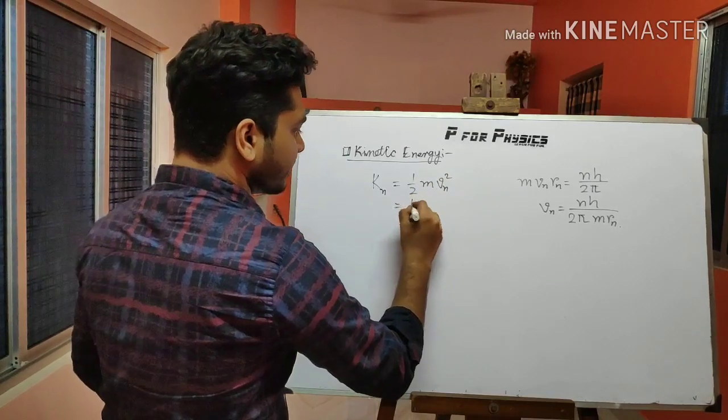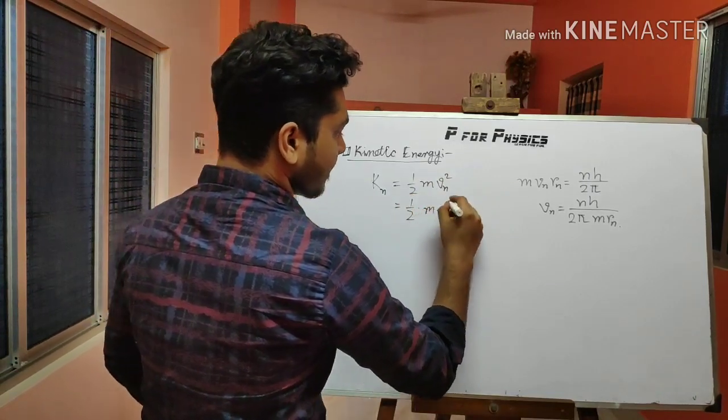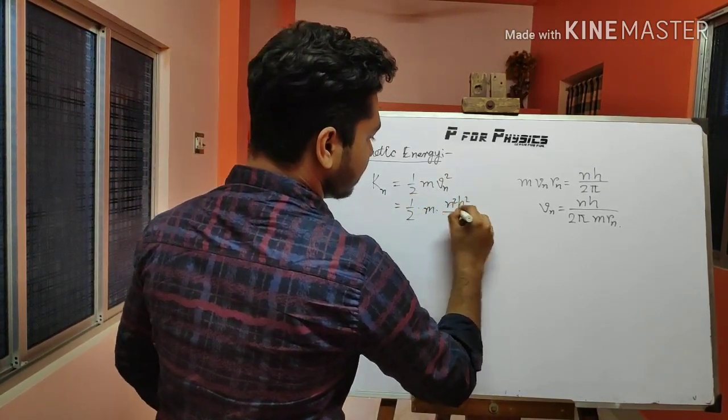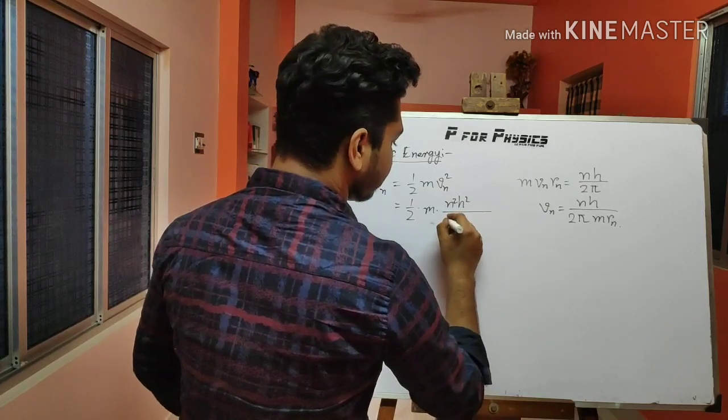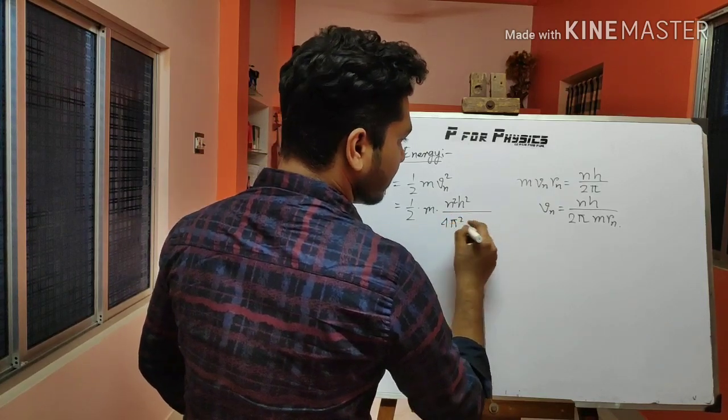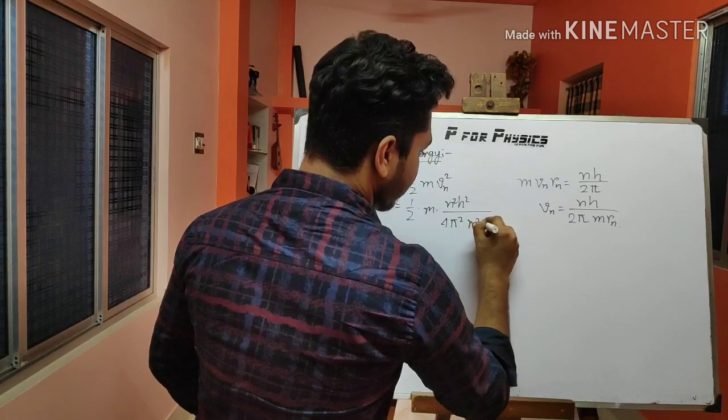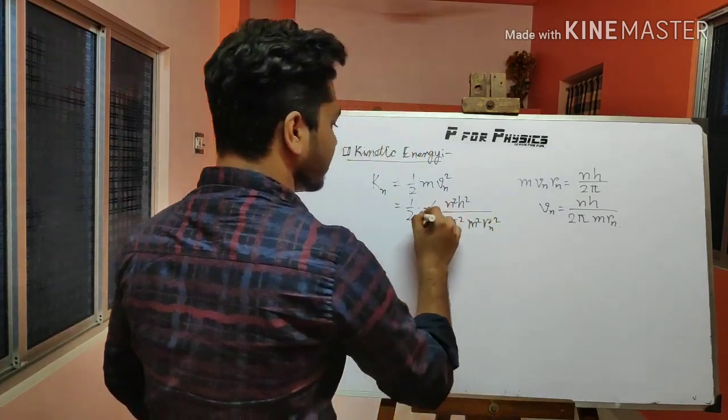So let's put it: n square h square by 4 pi square m square Rn square.